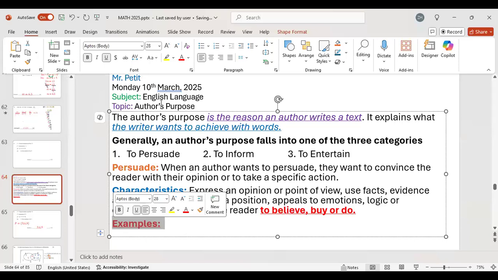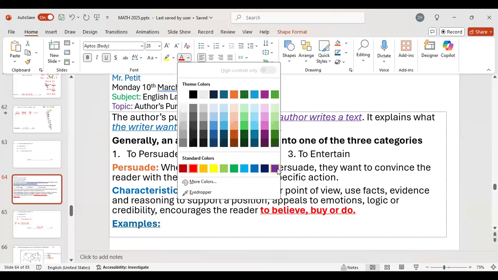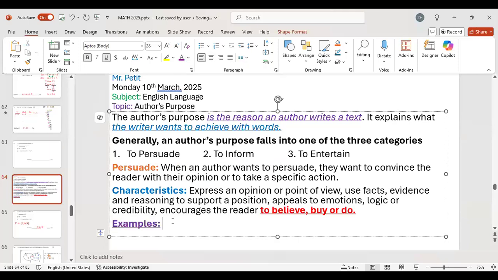And what sort of sources or text would you find that in? Right? Ads, commercials, billboards, advertisements. So you know that the purpose of that writer is to persuade. What else? How about political speeches?